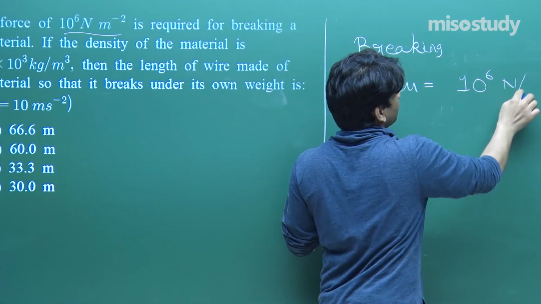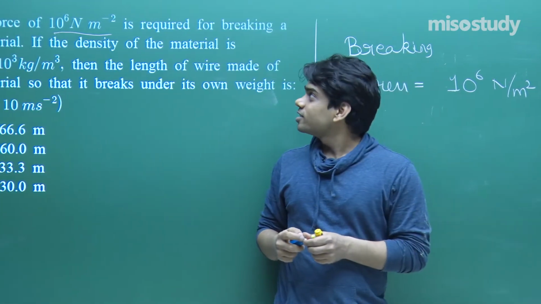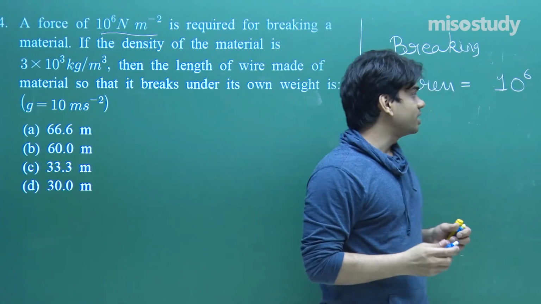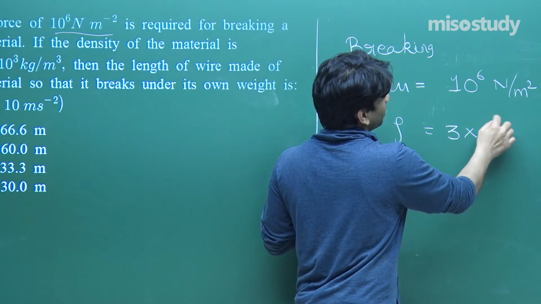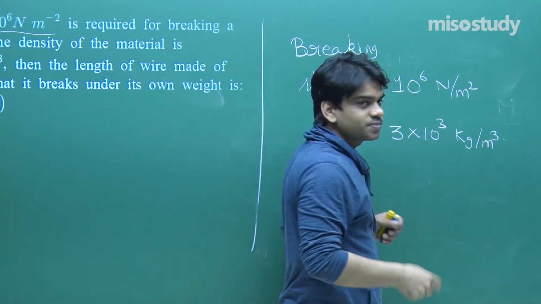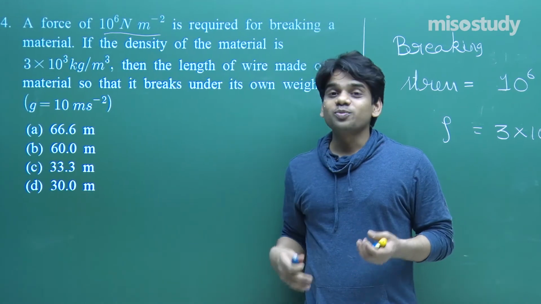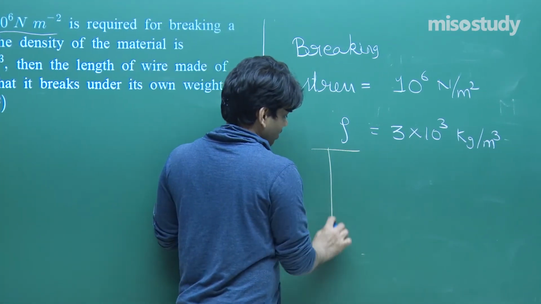If the density of the material is 3 into 10 to power 3 kg per cubic meter, that is provided to us. Next, the length of wire made of material so that it breaks under its own weight. Not too tough for us to understand.